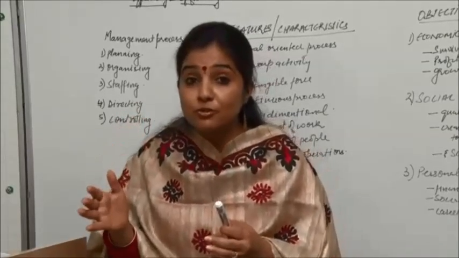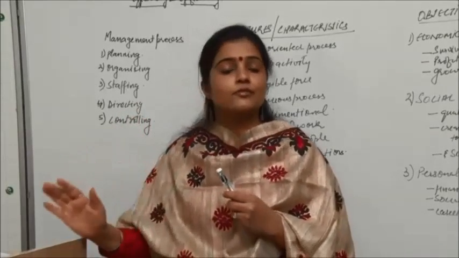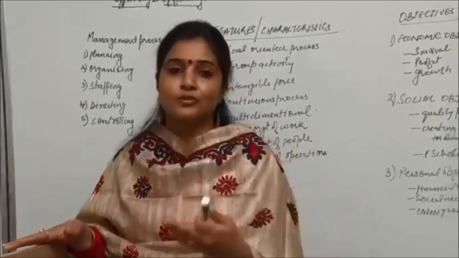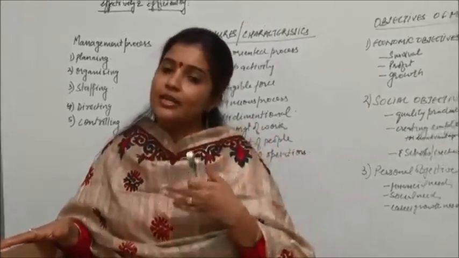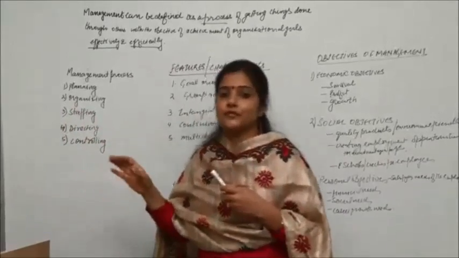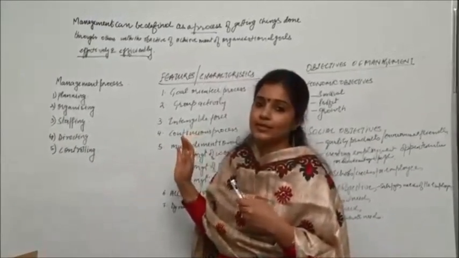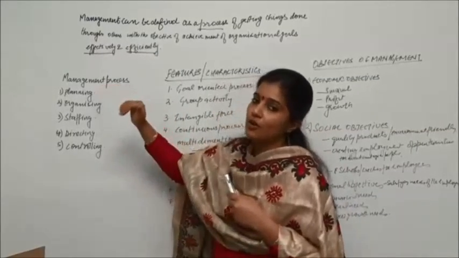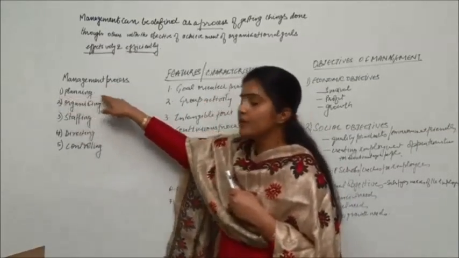We take a peep into the future. Nobody can predict the future with 100% accuracy. So we only make our assumptions about the future, and then accordingly we set our goals and objectives which are to be achieved by the organization. We set the main goals and objectives of the organization under this step of planning.